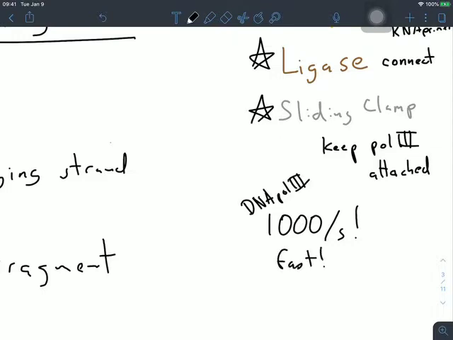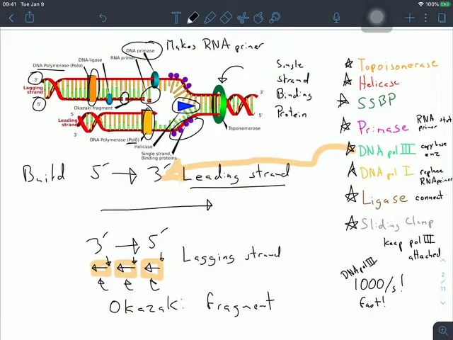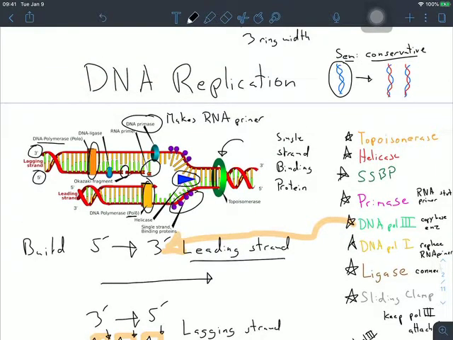It's a little bit slower in eukaryotes, but there are a lot of other components to the eukaryotic genome that make it necessary to be so. But at the very least, we now have an idea of what this semi-conservative process looks like.